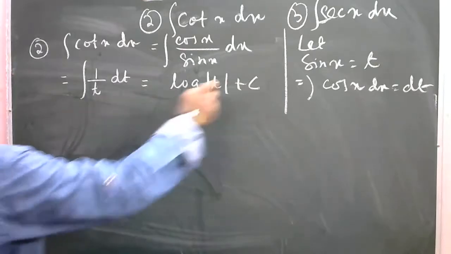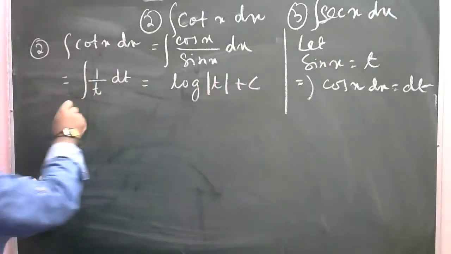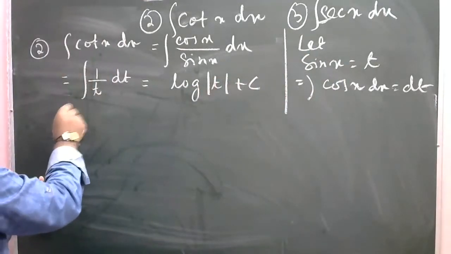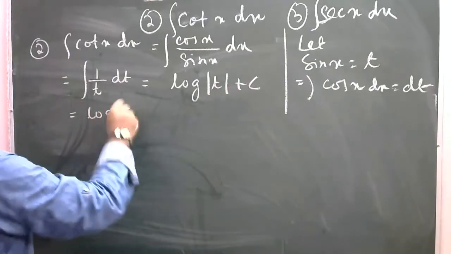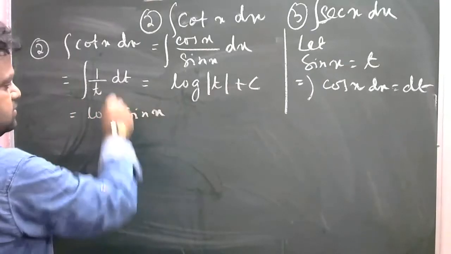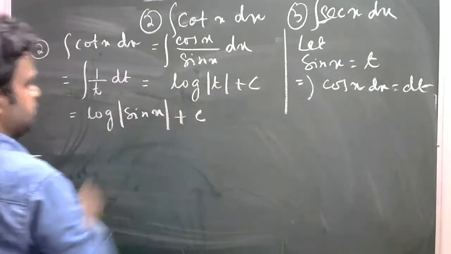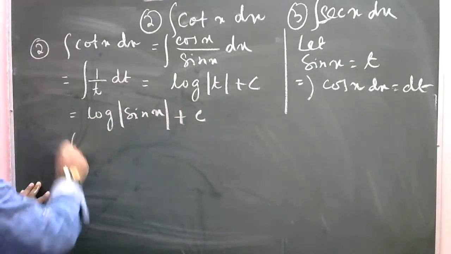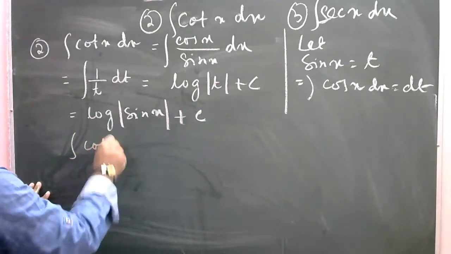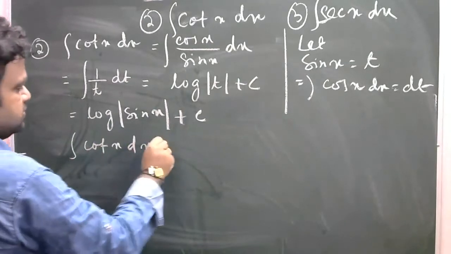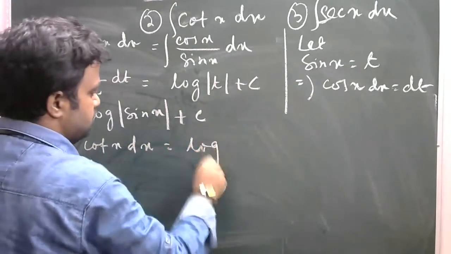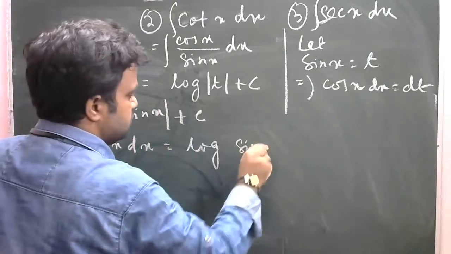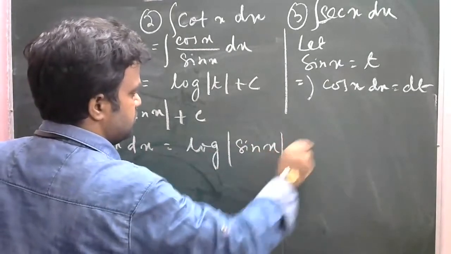Now we'll replace this t with sin x. So this is what integration of cot x dx is equal to: log mod sin x plus c.